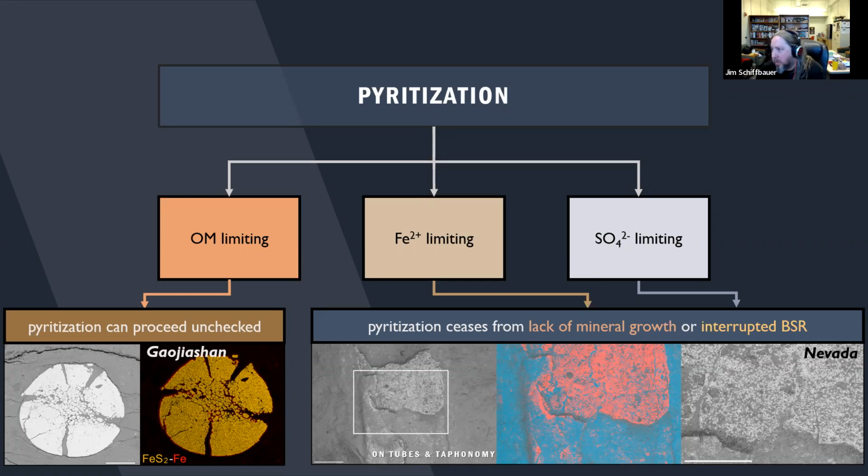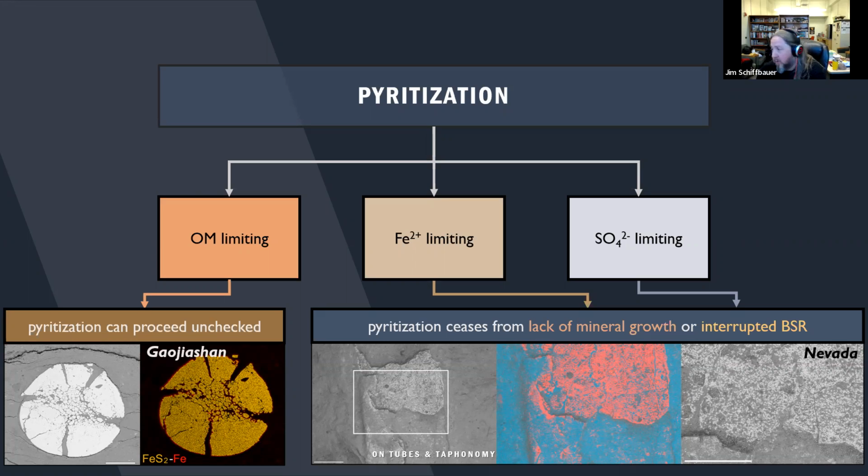If iron is limited, you're not going to stop bacterial sulfate reduction, but you will stop the production of pyrite. If sulfate is limited, you are going to stop bacterial sulfate reduction at some point. And I think that those are the cases where you're going to end up with partially pyritized materials, which is really what we have in our case.